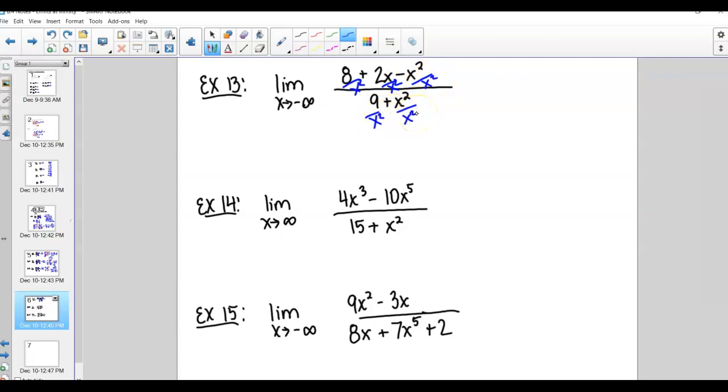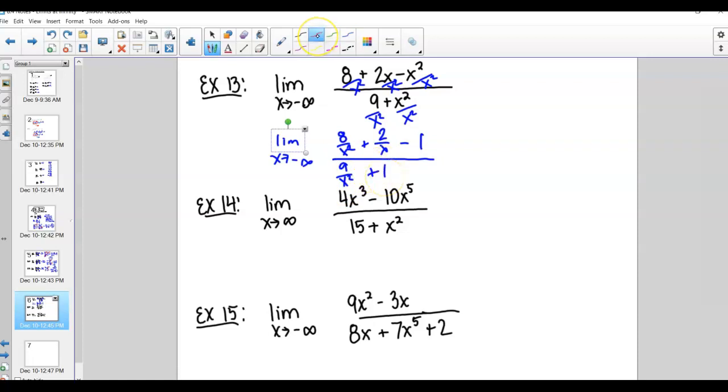And so whenever I do that, I'm going to get the limit as x approaches negative infinity of 8 over x squared plus 2 over x, one of those x's will cancel, minus 1 over 9 over x squared plus 1.